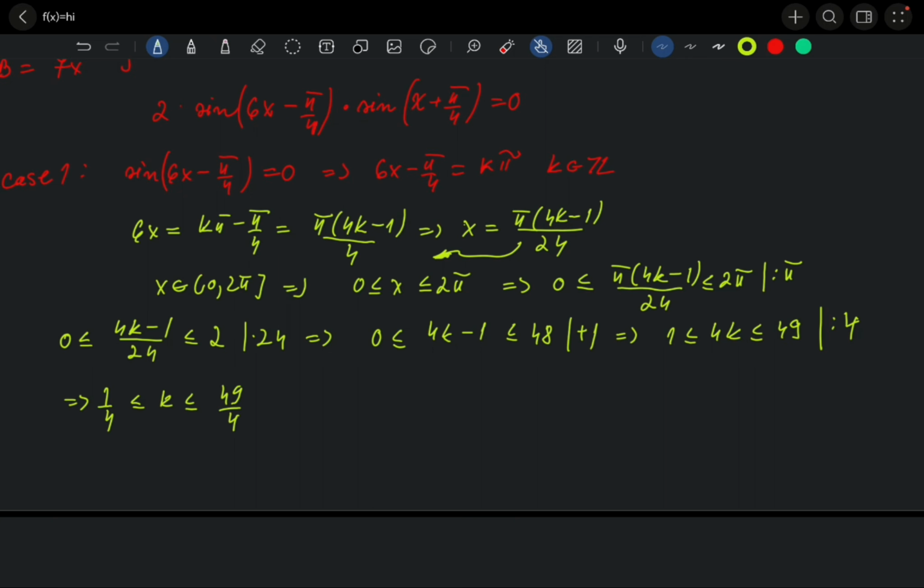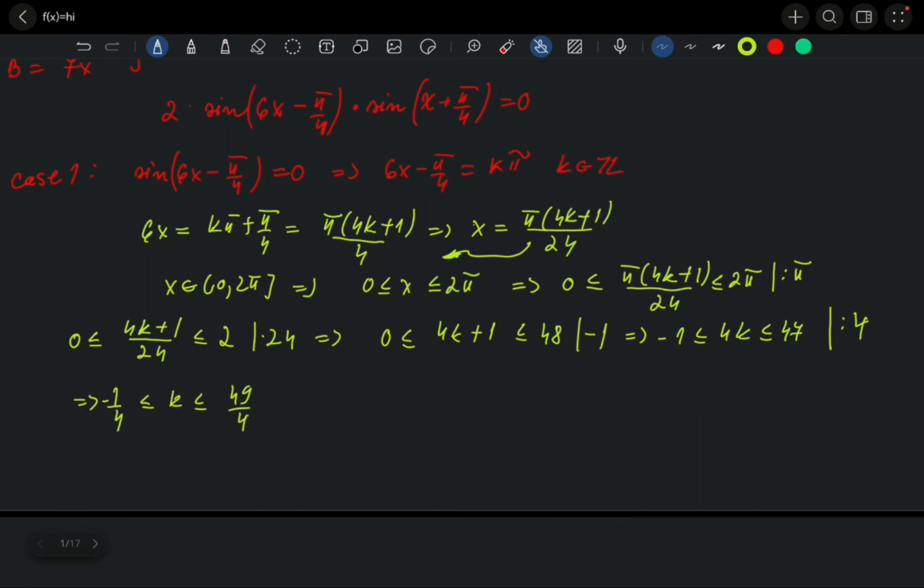Okay, so some of you may have pointed this out already. This should be a plus pi over 4, so this is plus 1, plus 1. Here is a plus, so we are going to subtract 1, and we get negative 1 is less than or equal to 4k, and on the right hand side we get 47, not 49.